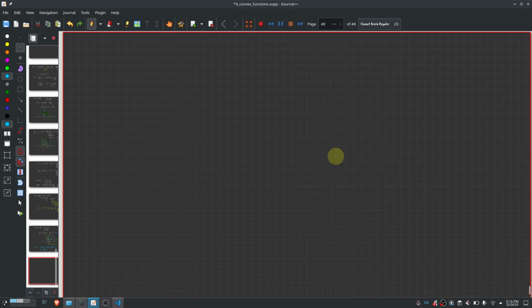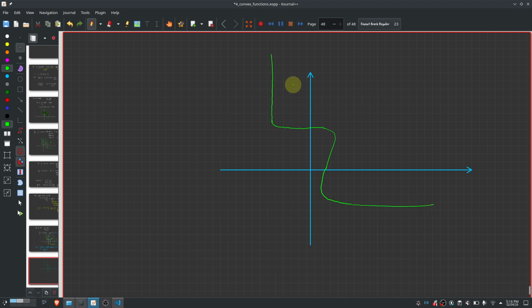All right, so g looks something like this. It's vertical, comes like this, and this is the set G. This is your f star.